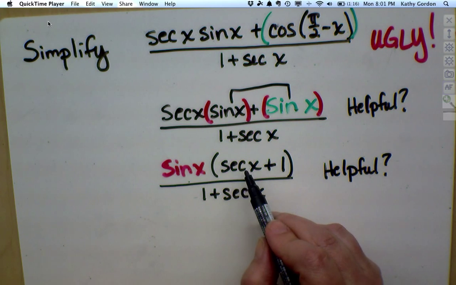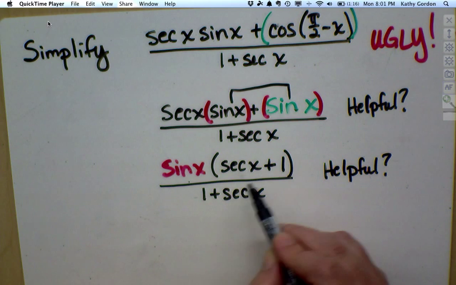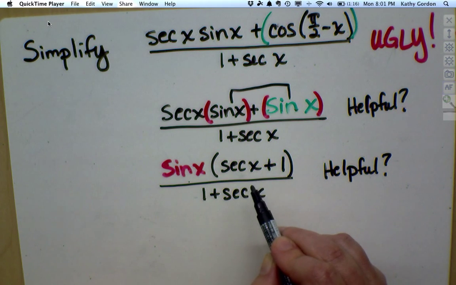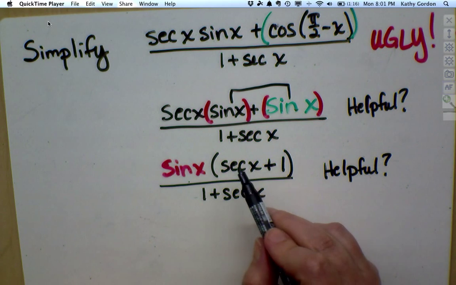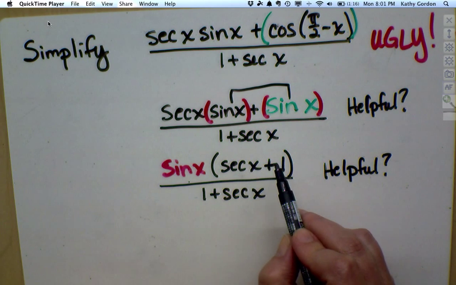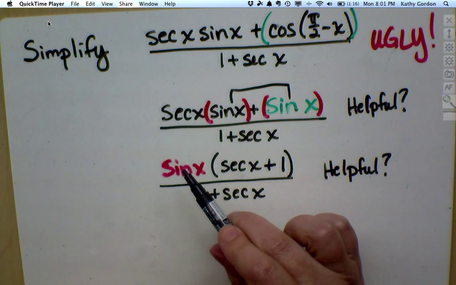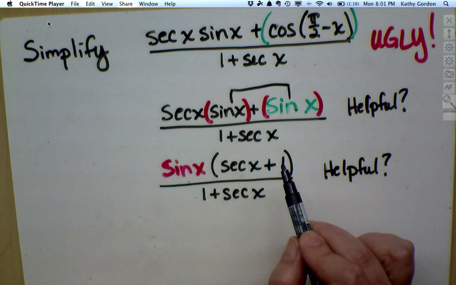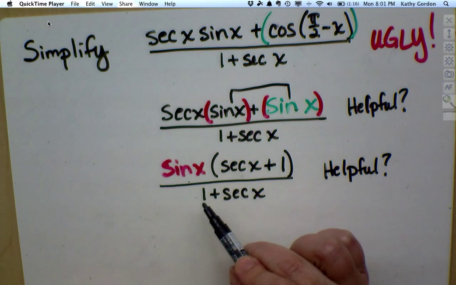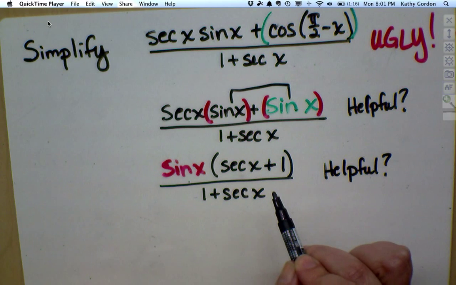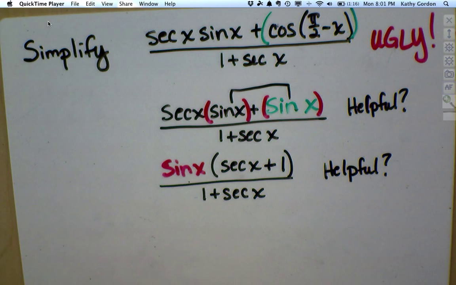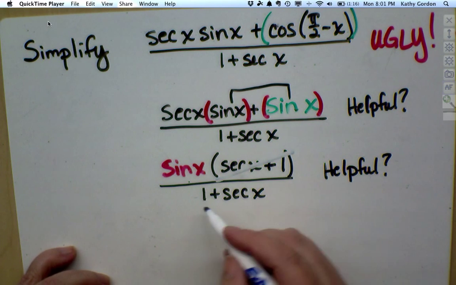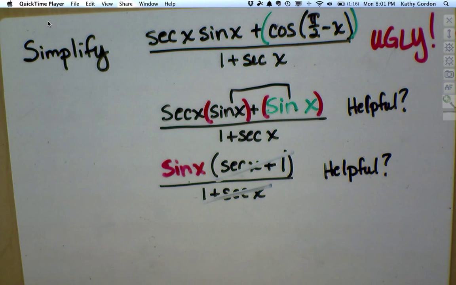So secant x plus 1 in the numerator and 1 plus secant x in the denominator really are equivalent to each other. Secant x plus 1 in the numerator is now a factor of the numerator, and therefore the entire thing can be canceled with the entire matching expression on the bottom. So I'm going to cancel the secant x plus 1 with the 1 plus secant x on the bottom.